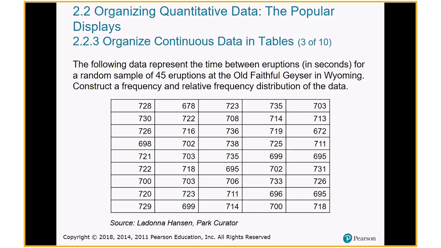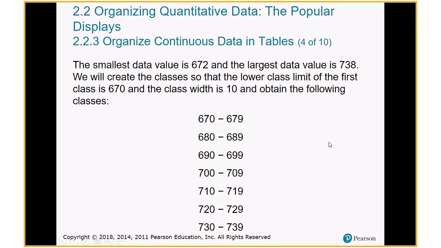But the one thing I want you to write down, because I'm going to tell you what you can get from this data right here. So they had to be equal, like same intervals? Yeah, same intervals. We're going to get into that. So write down these classes and call them classes, and then leave the side of the paper blank, because we're going to write down some things you can find here.